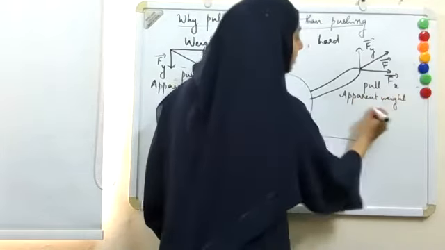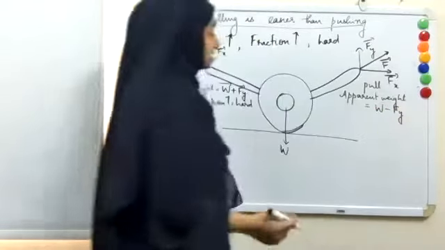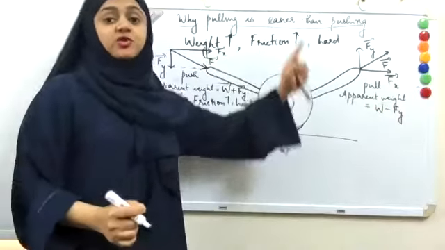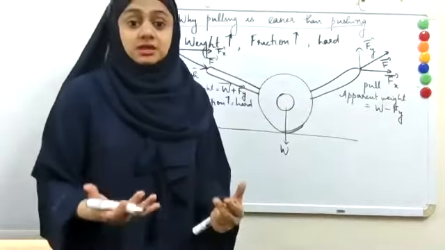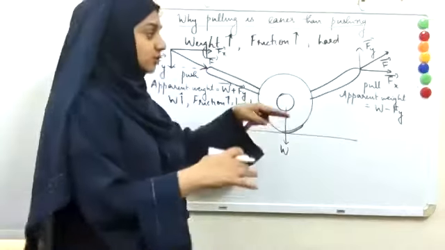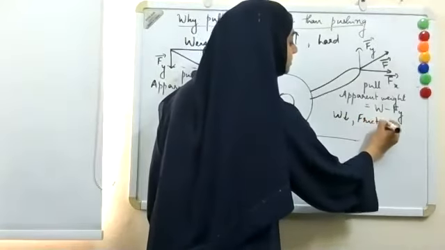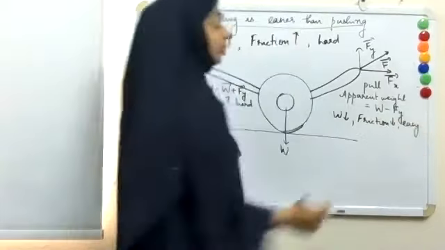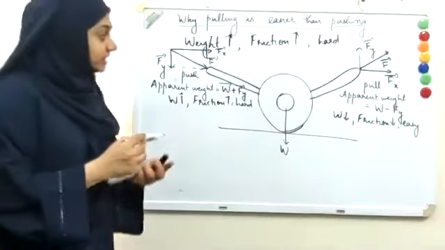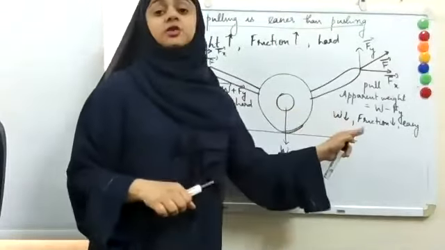During pull, the apparent weight is equal to W minus Fy. It's minus because W and Fy are in opposite direction. So the apparent weight is less than the actual weight, which means the weight is reduced. So what happens? Friction is reduced, and therefore it is easy to pull. This is why we can say that it is easier to pull something than to push.